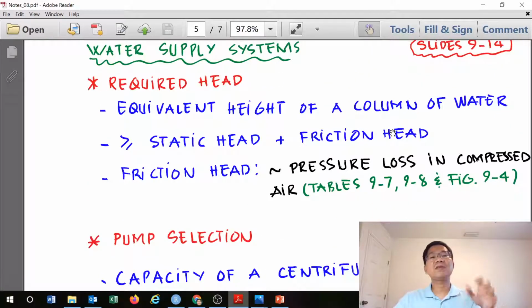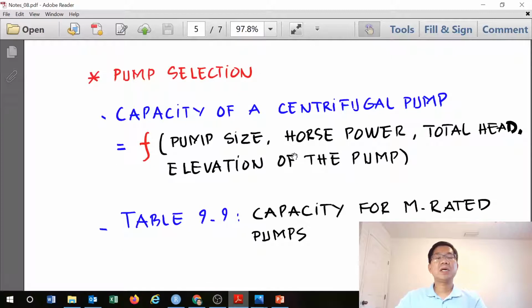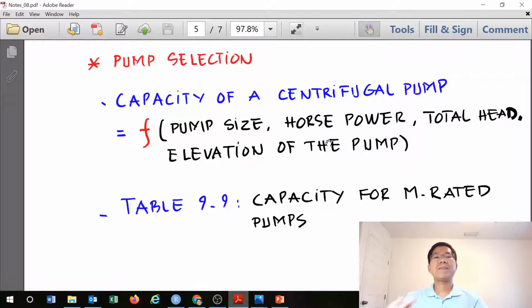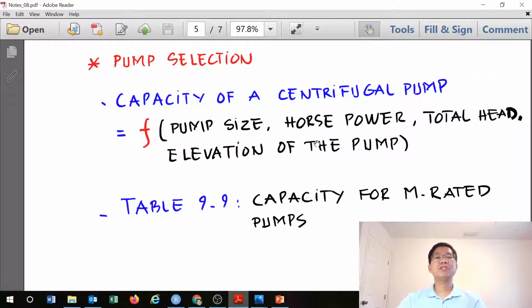So that's the first thing: what is the required head. When we know the required head, we can determine the pump. We can select the pump so that it provides sufficient water pressure for the use, regardless of whether it is used for dewatering or providing water for the job. The capacity of the centrifugal pump, which is typically used in construction, is a function of pump size.